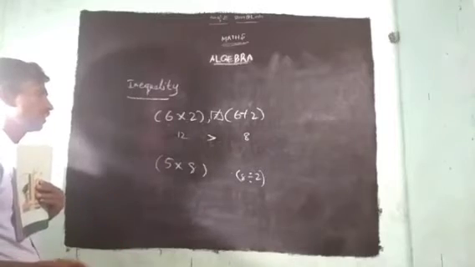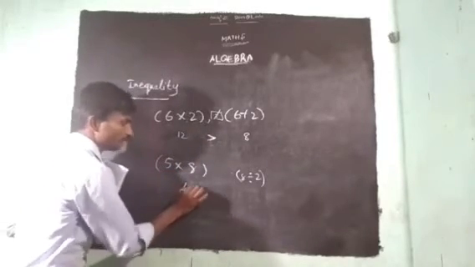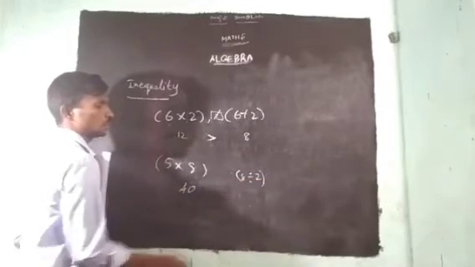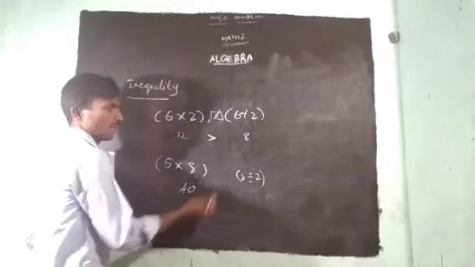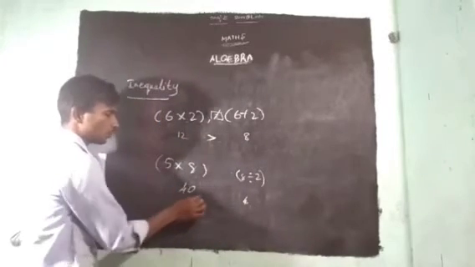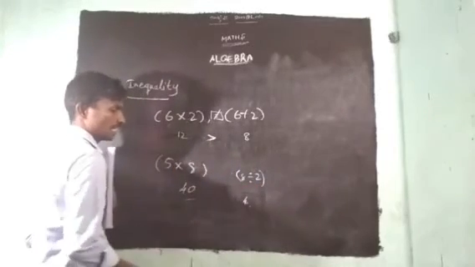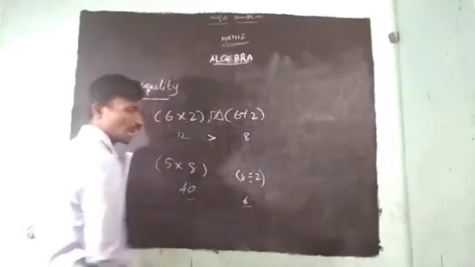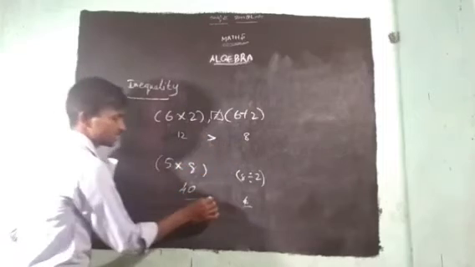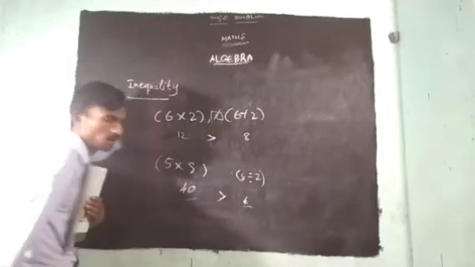Which one is greater here? 5 8s are 40. 8 divided by 2, what will we get? We will get 4. So which one is greater here? 40 is the greater. Though it is a different operation and we got a different answer too, we can relate through this symbol. It is greater, it is lesser.